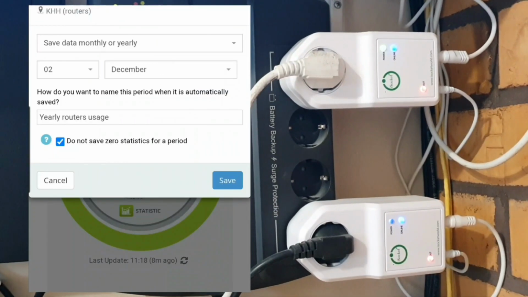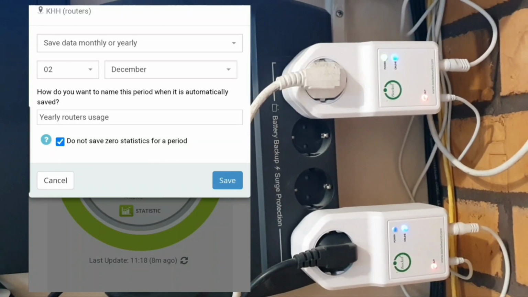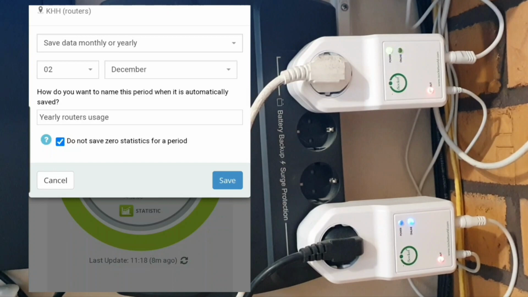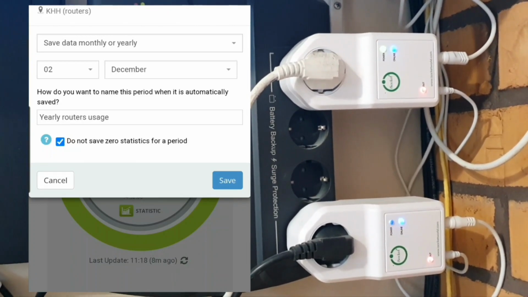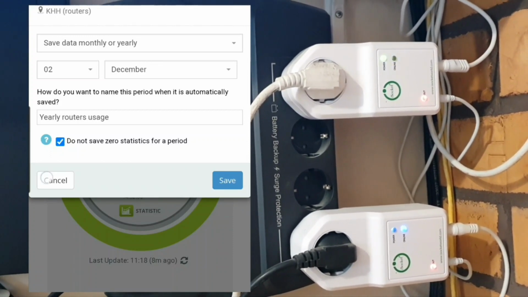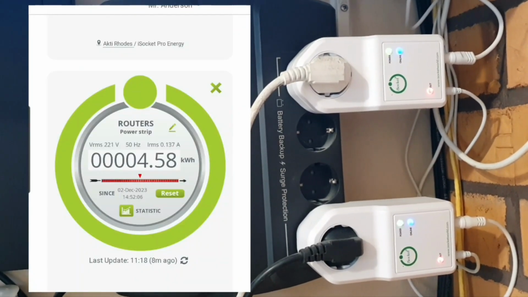So you can modify the autosave criteria. I set this to be a yearly statistic. Well, I decided to collect it from the 2nd December. I don't know why. You can set it to collect monthly, so it will automatically reset the meter.